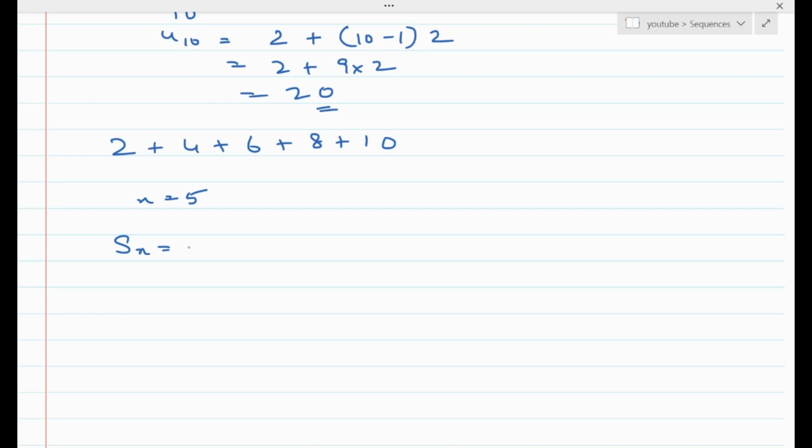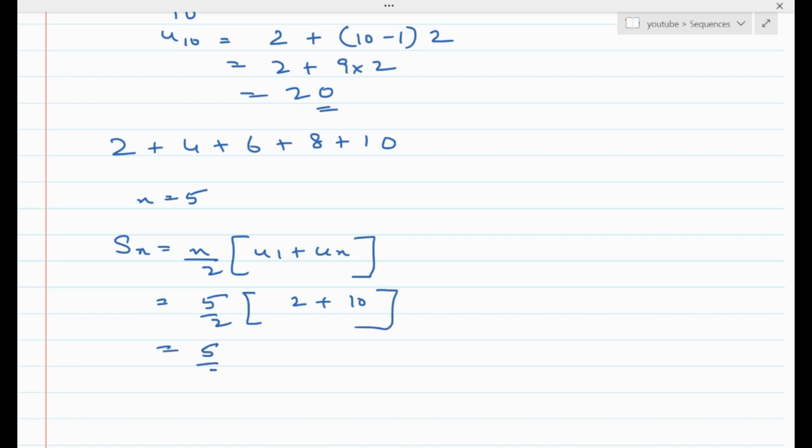The first one is n by 2 times u1 plus un. In this case, our n is 5, so it would be 5 by 2 times 2 plus 10, which would be 5 by 2 times 12, and that is just going to be 30.